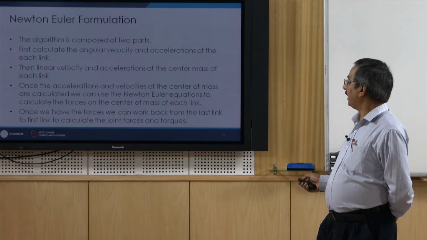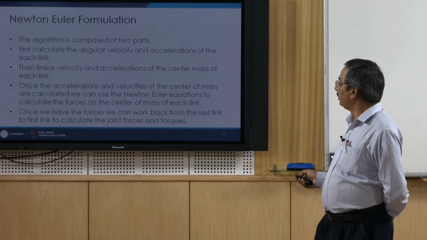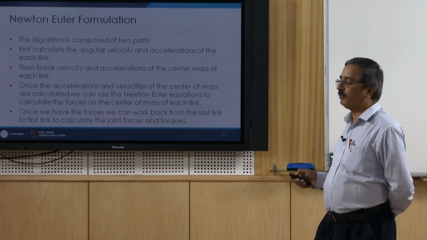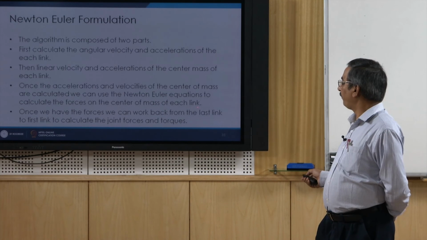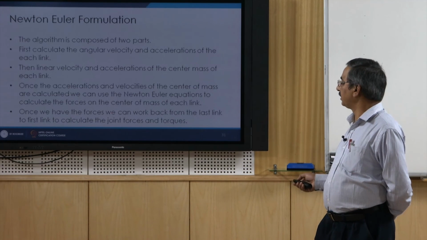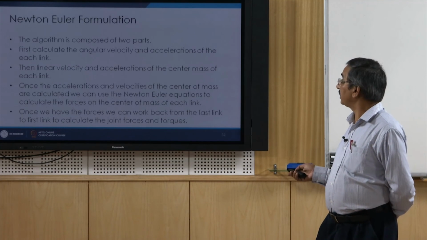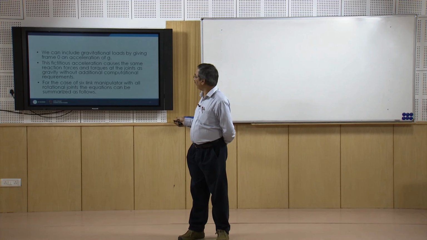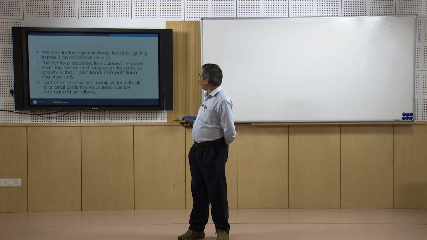Once the accelerations and velocities of the center of mass are calculated, we use the Newton-Euler equation to calculate the forces on the center of mass of each link. Once we have these forces, we can work backward from the last link to the first link to calculate the joint forces and torques. I have already explained this.